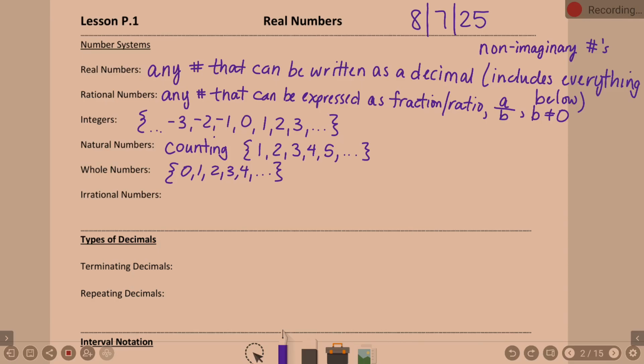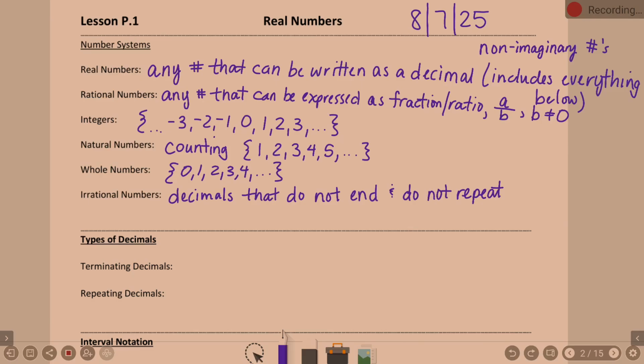Would an imaginary number, like i or something, fall under that category? No, because i is the square root of -1. An irrational number has to be a real number. So I'm going to write this as decimals that do not end and do not repeat.